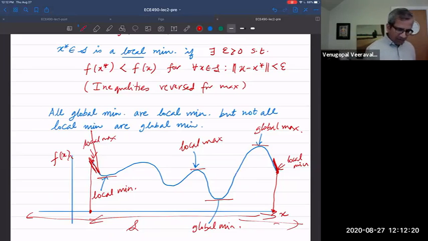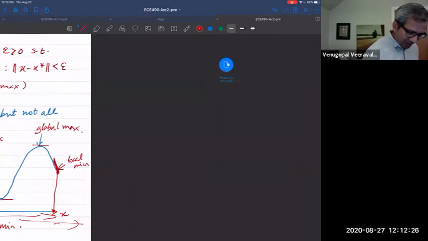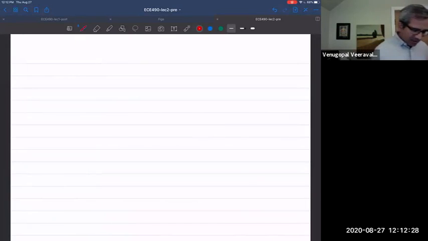And what's the gradient of the function? Maybe I'll just create a new page. You might remember this from your multidimensional calculus class. The gradient of a function, where x is a vector, is actually a vector. What are the components of that vector?